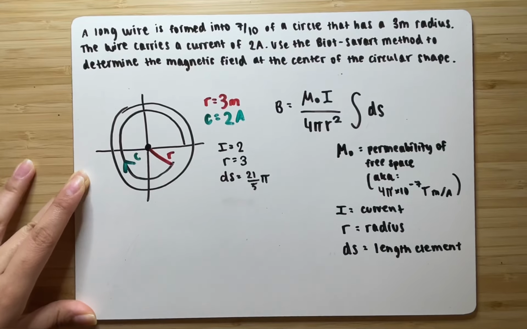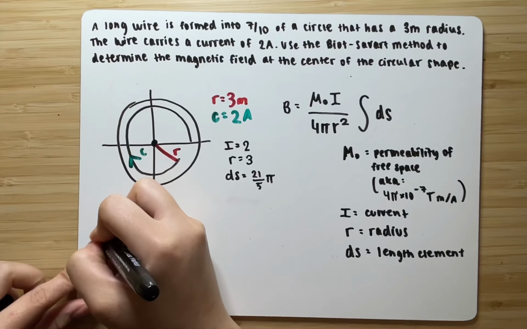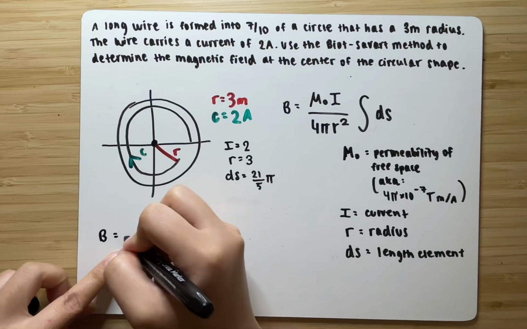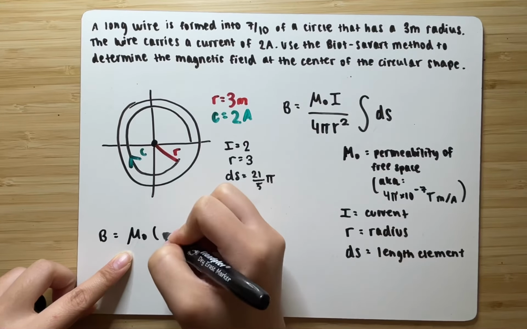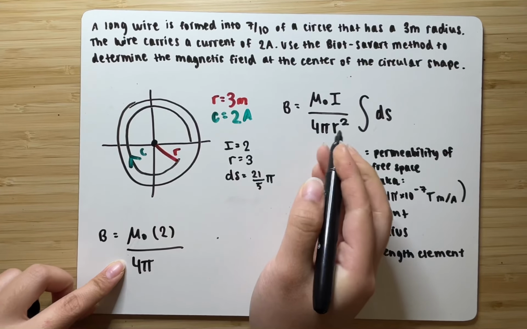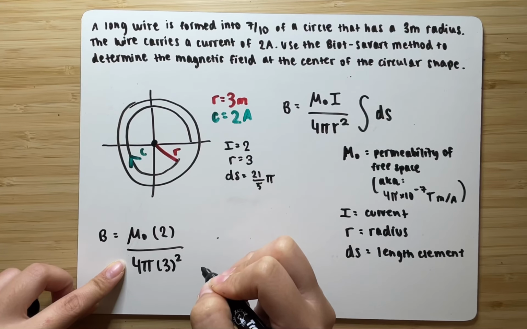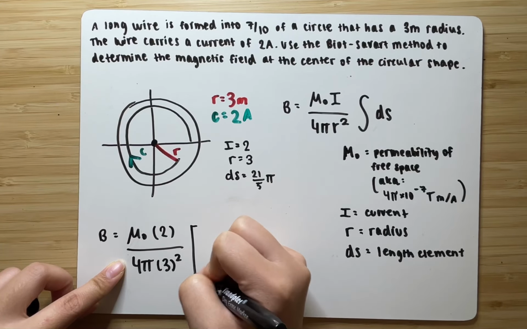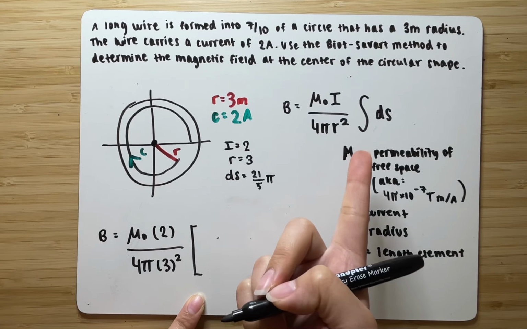So we just plug in the known values. B is equal to mu naught, a constant, times I, which is 2, over 4 pi r, which is 3 squared, multiplied by the ds.